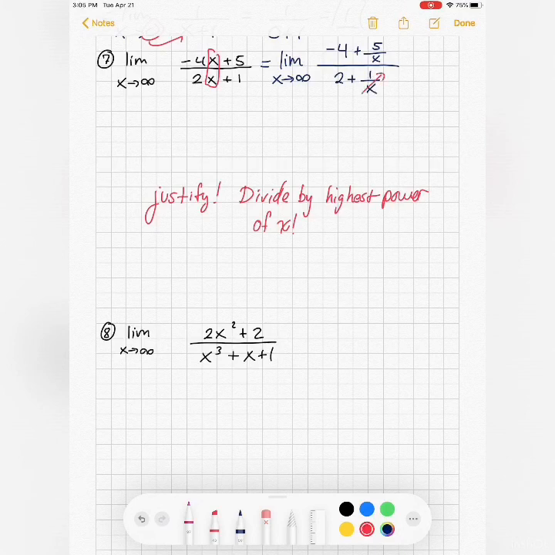Okay, and then I go, any of these terms still have x in the bottom, go to 0. Okay, so indeed, I have verified the result is -2.